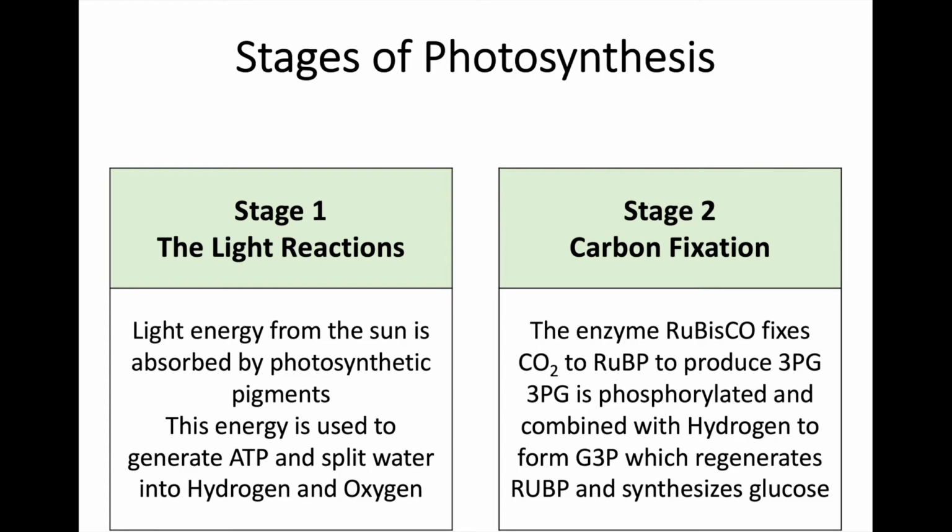This 3PG is phosphorylated by the ATP that we've produced from the first stage, and then it's combined with hydrogen, again from the first stage, in order to form a molecule called G3P, which is then used to either synthesize glucose or regenerate RUBP from the start. Now, again, as I said, the first time you come across this, you might think, what does that mean?